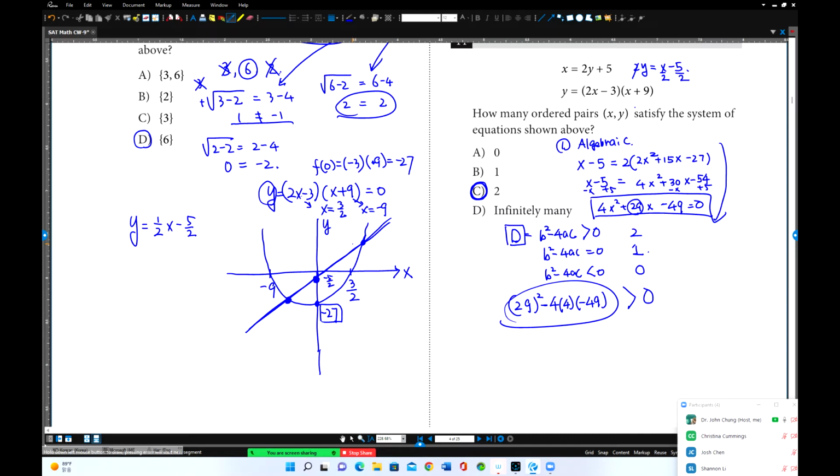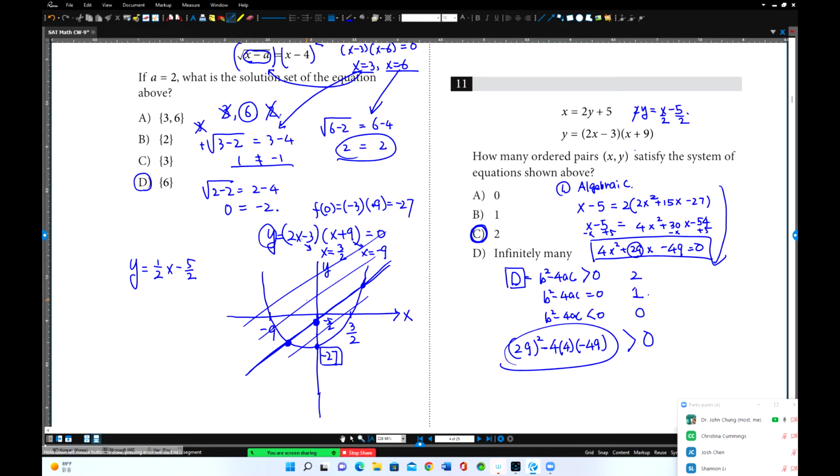Any point is okay, always two intersections inside, right? Always two intersections. And this one a little bit, okay, you guys will focus on how to solve this type of question. It's okay? These are not easy questions.